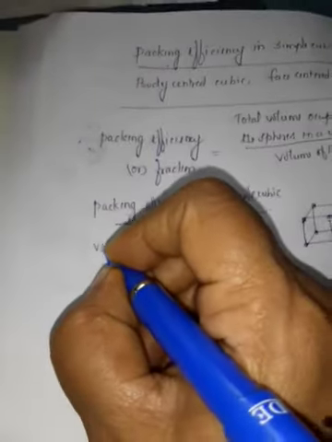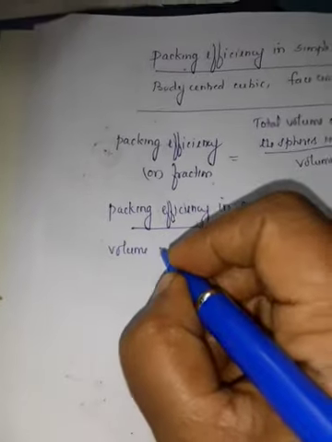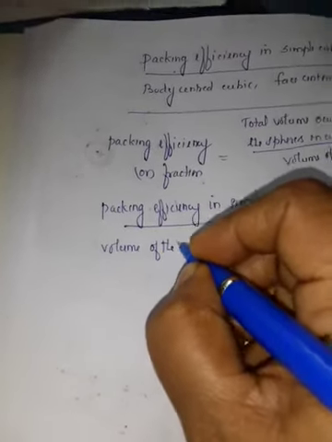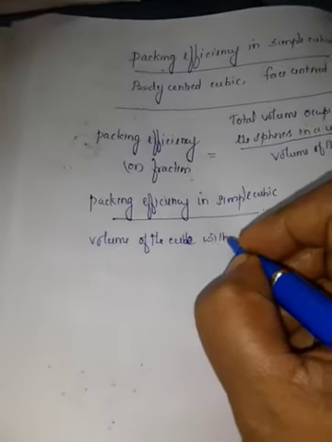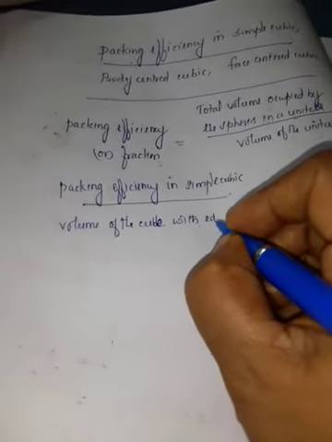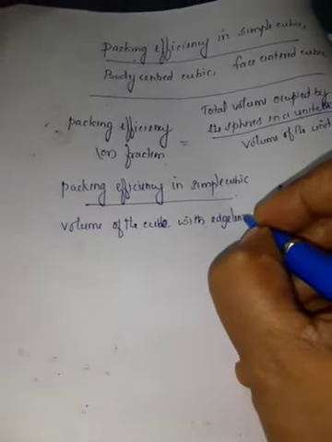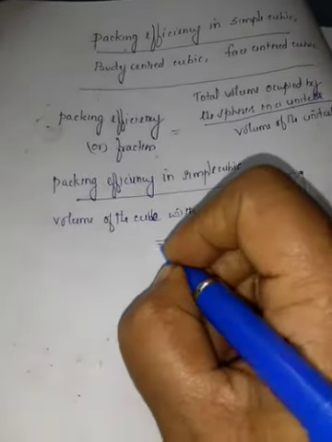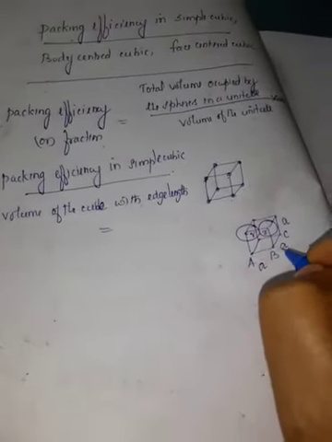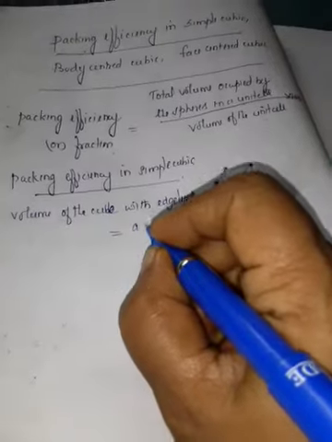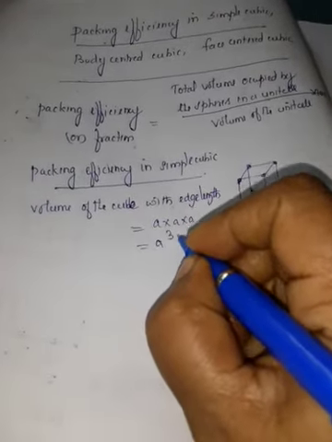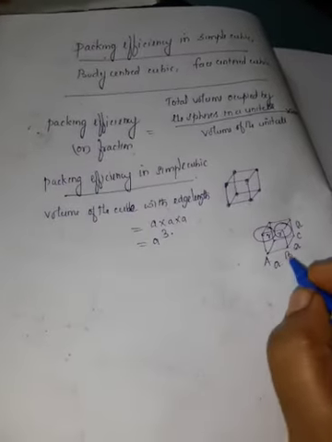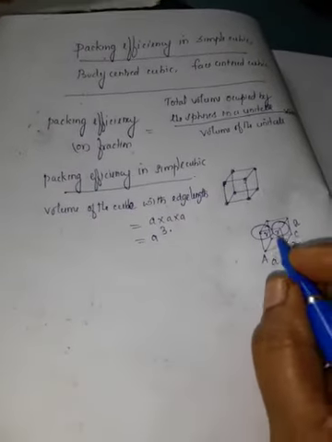So you can write the volume of the cube with edge length equal to A into A into A, that is A cube. This is the volume of the cube with the edge length.